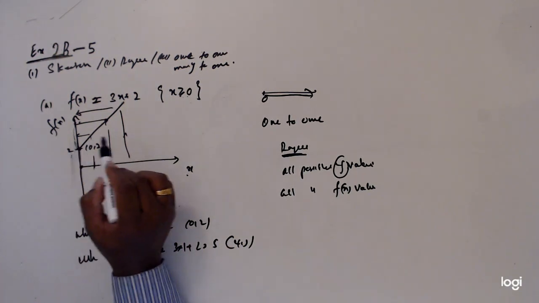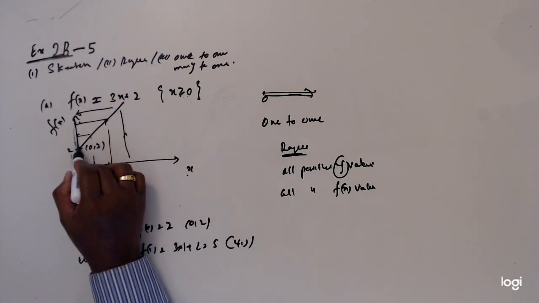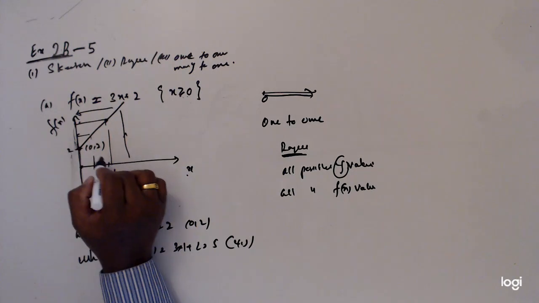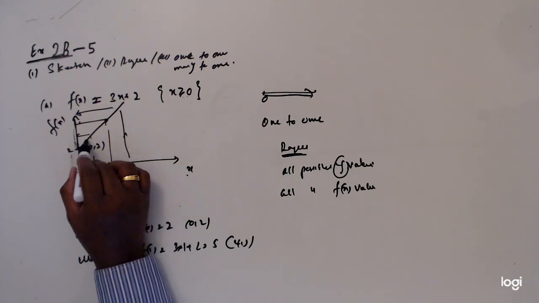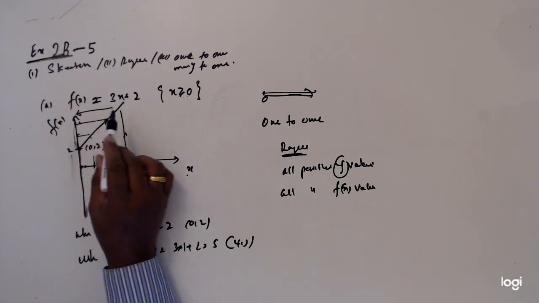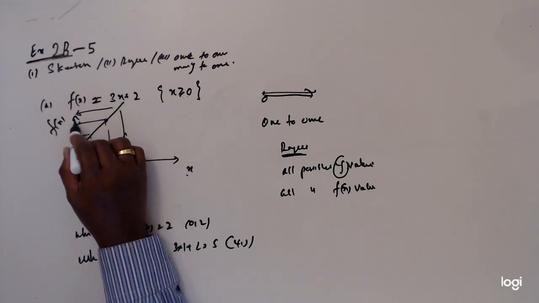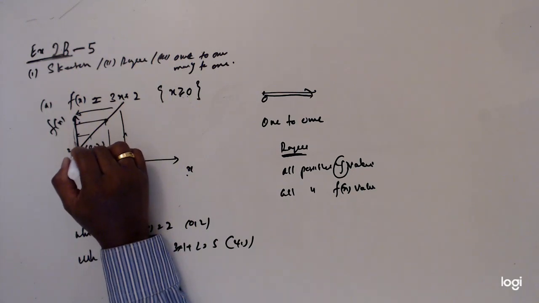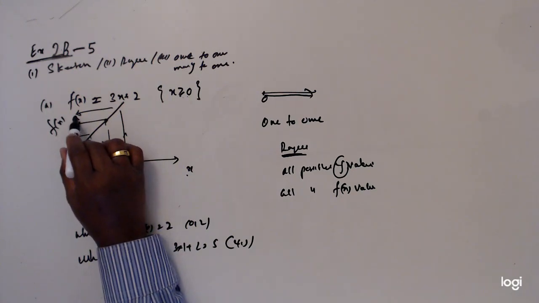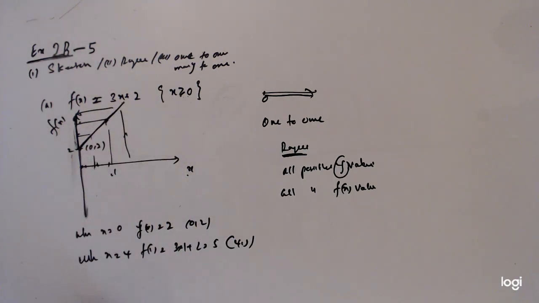Then 2.2, when you put this one in, you get this one. Then 2.3, we put this one, 2.4, and you can see that all the y values more than 2 are going to be the range.